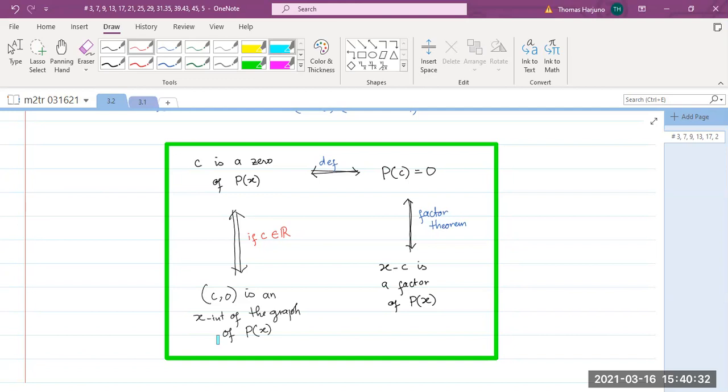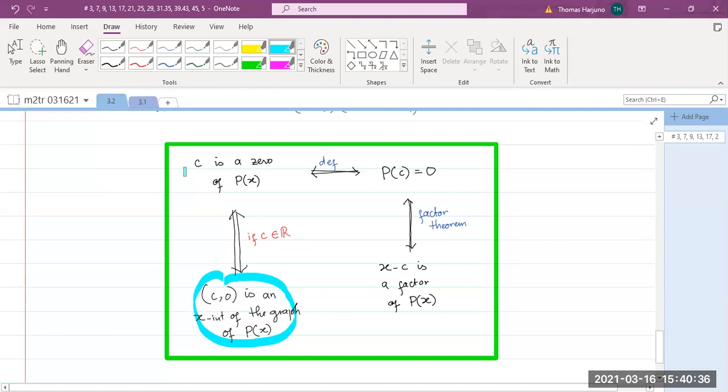To find the x-intercept of a polynomial, we need to find the zero of that polynomial.